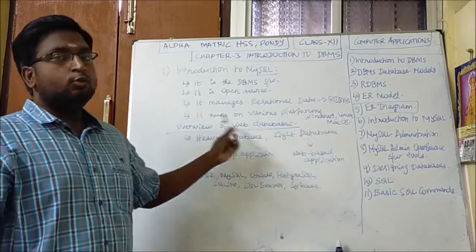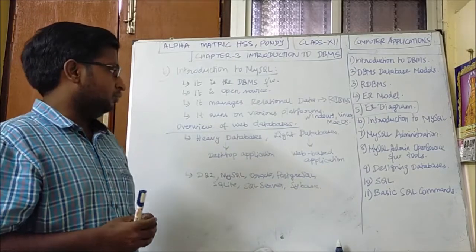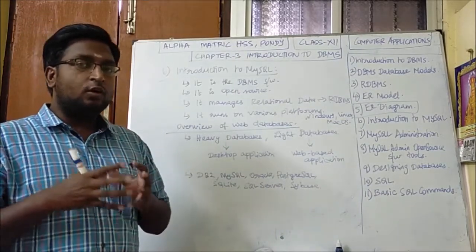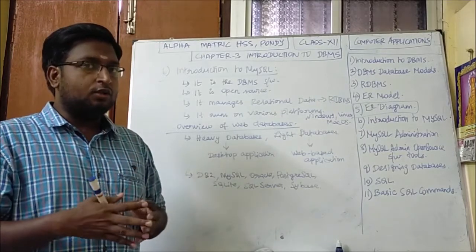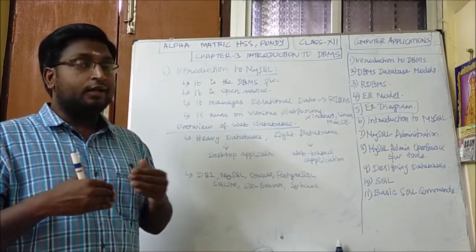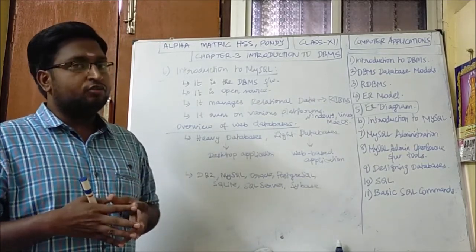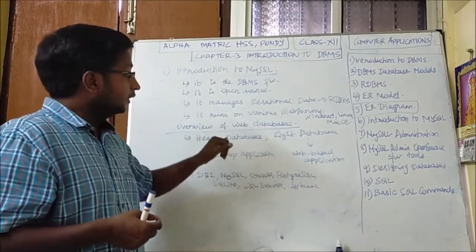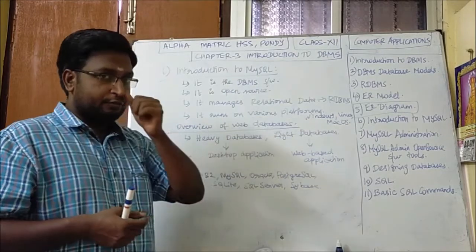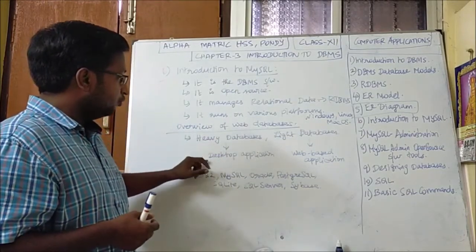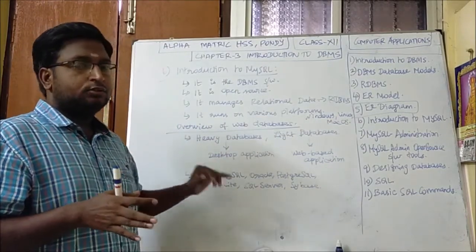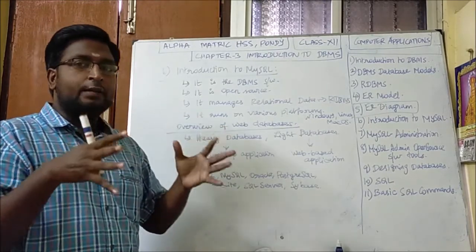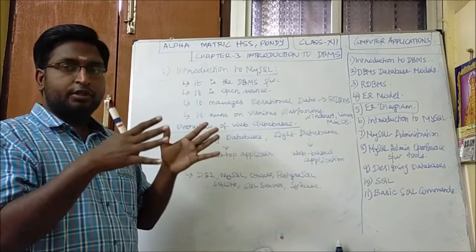Next is the overview of web databases. What is a web database? Databases which run on web-based applications, on the internet, come under the web database. Databases are further classified into two: heavy database and light database. Heavy databases are used for desktop applications, that is, without internet, with all the data on the computer itself.